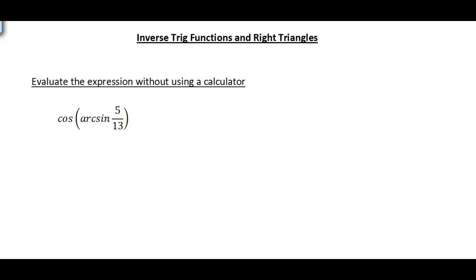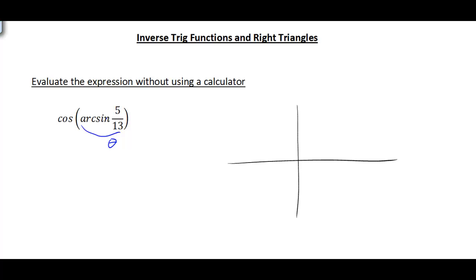Well, the first step in solving this is to look at where your right triangle is. In other words, here we want to use the arcsine of 5/13. So we want to look at this part here. The arcsine of 5/13 is going to give us an angle theta. So we want to determine where our angle is going to be located.